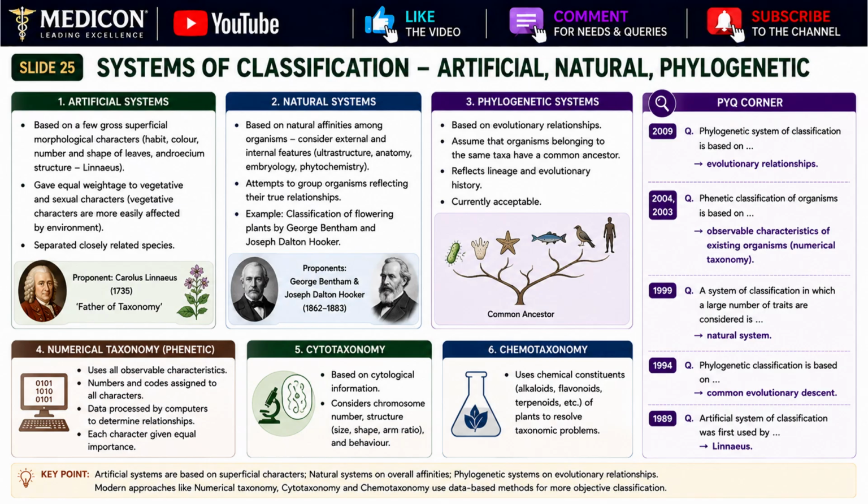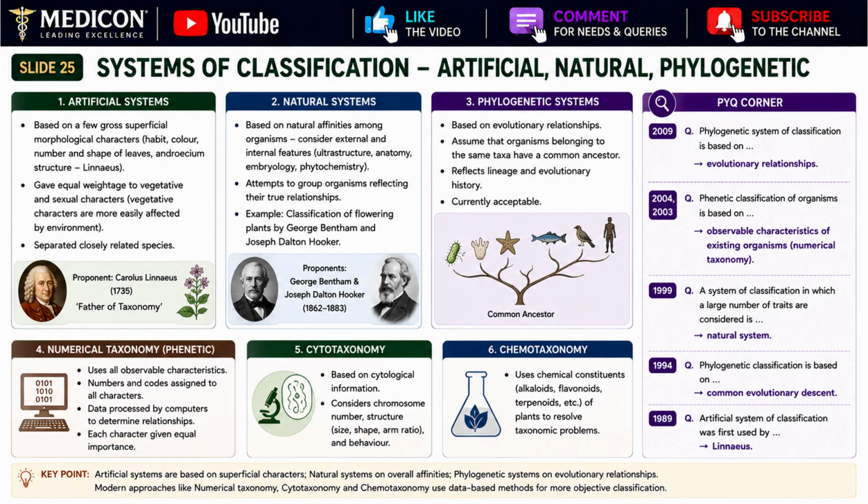Vegetative characters are more easily affected by environment, and it separated closely related species. This was given by Carolus Linnaeus, the father of taxonomy. This is the artificial system. Next comes the natural system.